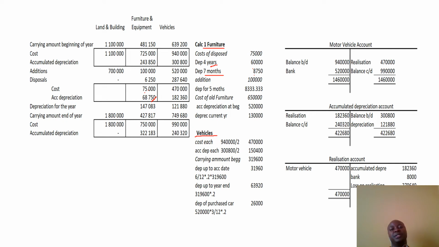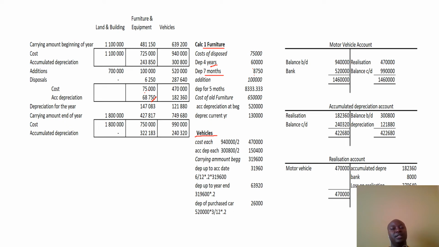So it's very important for us to understand that each and every time you depreciate, it's increasing your accumulated depreciation, because the journal is debit depreciation, credit your accumulated depreciation account. So each and every time you're depreciating, your accumulated depreciation is increasing, isn't it?